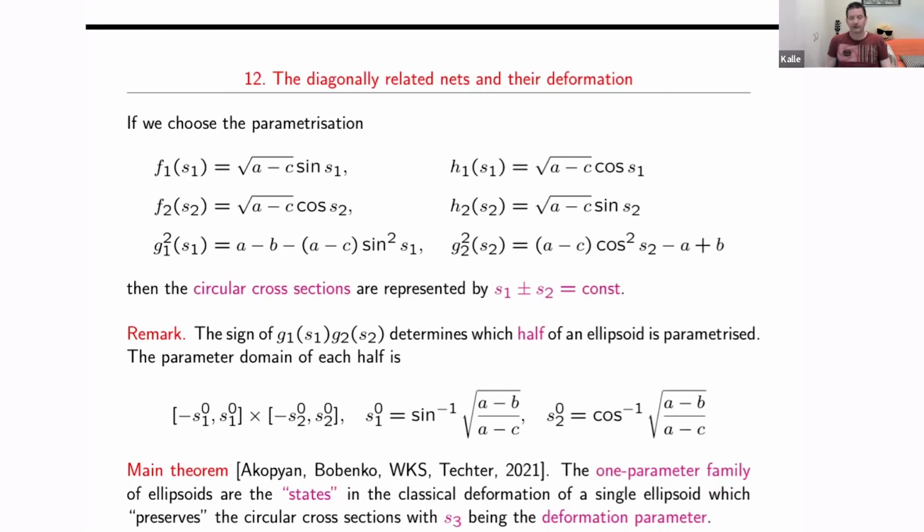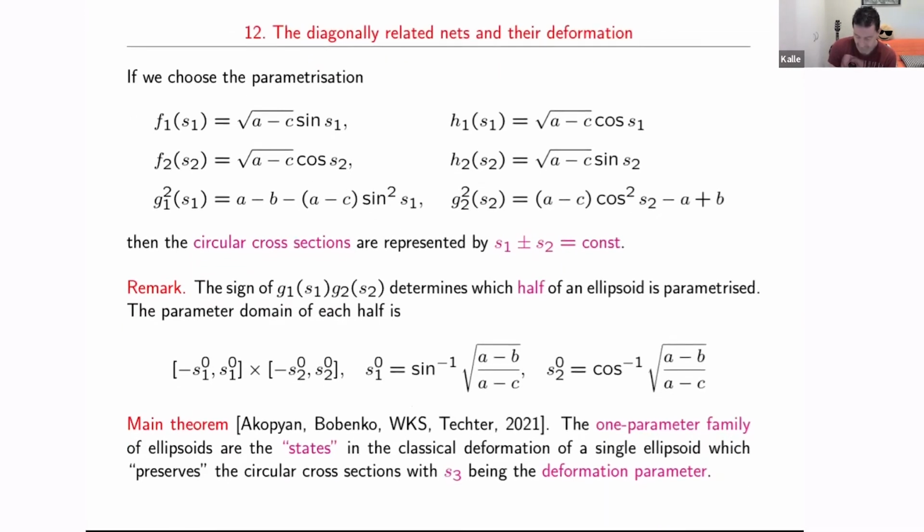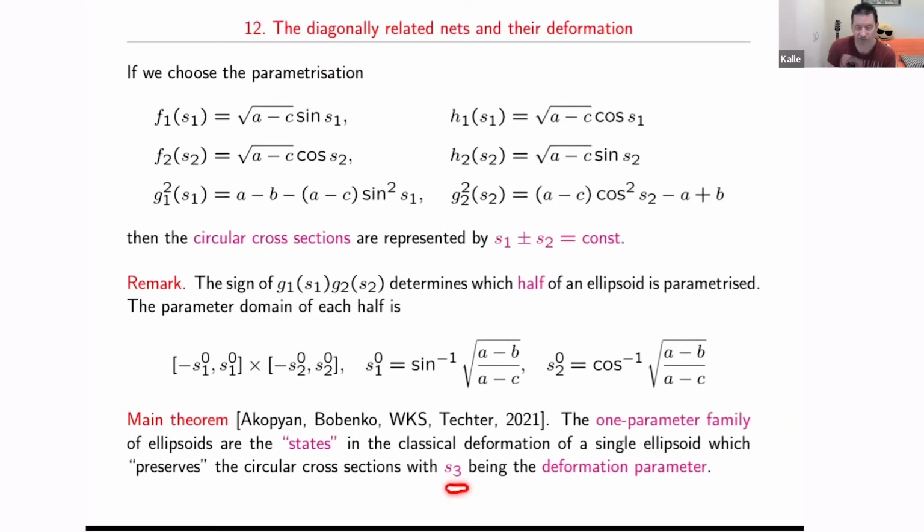So now the question is, what's the relationship between the circular cross sections on a given ellipsoid for some fixed S3? And then when you change S3, you get a new set of circular cross sections. What's the relationship? Well, it turns out they don't change, except they just change their relative position.